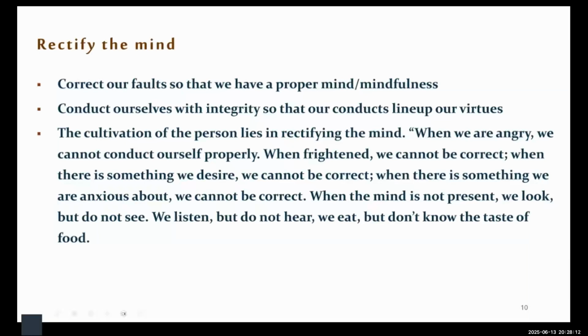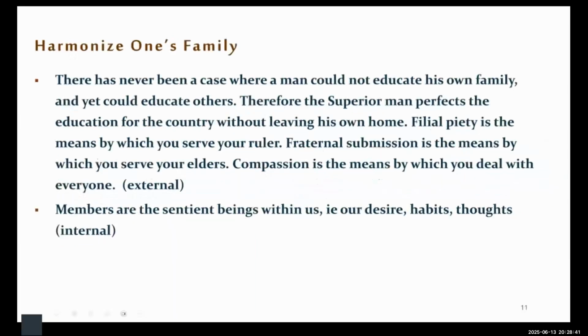Correcting our mindset is very important, because if this is not taken care of, we are not taking care of the root. When we don't have a healthy root, how can we expect healthy and strong branches or leaves? We have to have a very healthy root so that the branches and leaves will thrive.